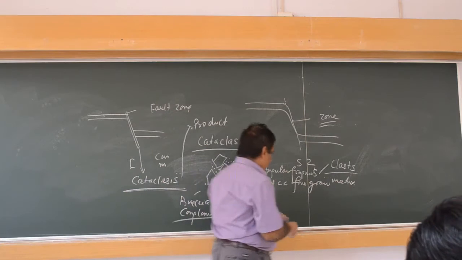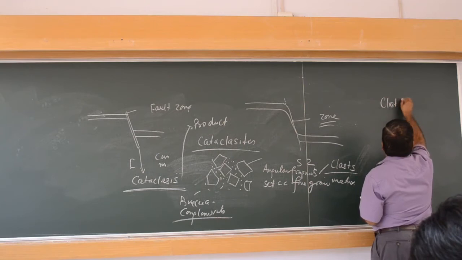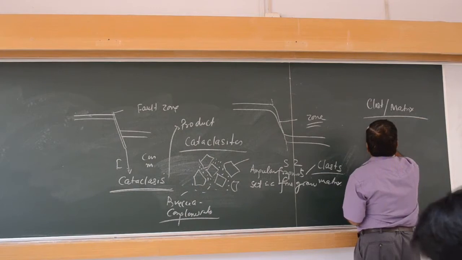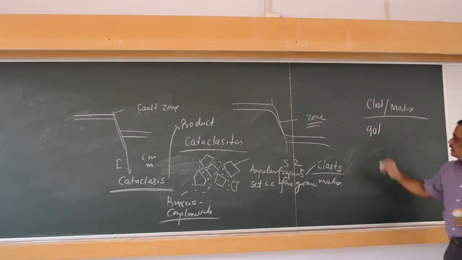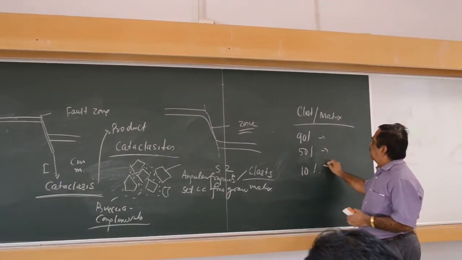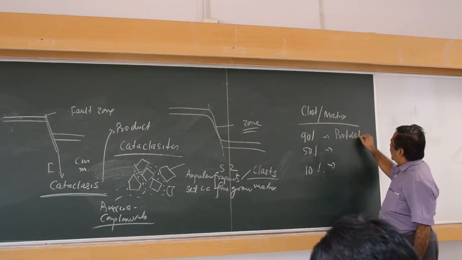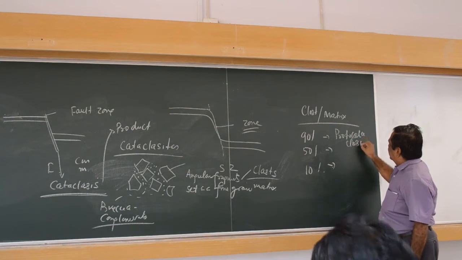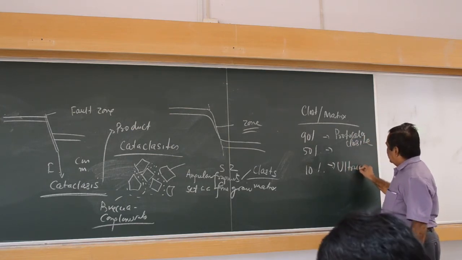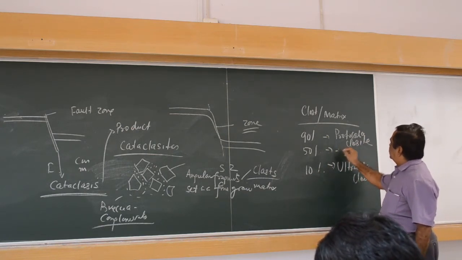Now depending on this clast to matrix ratio, you understand what is a clast, what is a matrix. So you can have 90% clast, around 50%, around 10%. You can have a protocataclasite, here is ultracataclasite. The central one you can say simple cataclasite.